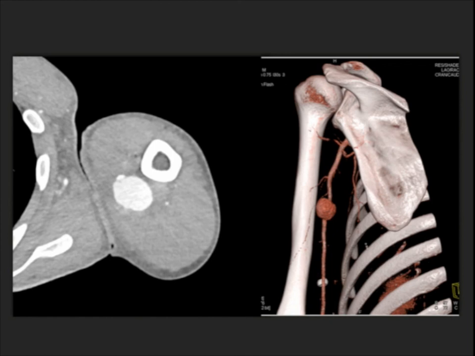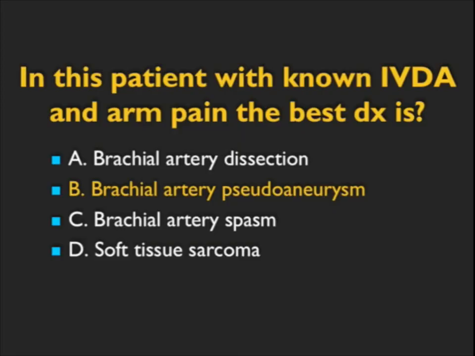Brachial artery pseudoaneurysms can be due to trauma, can be due to vasculitis, can be due to Ehlers-Danlos. In an IV drug abuse patient, you've got to think about them as the patient keeps puncturing the vessels. Getting brachial artery pseudoaneurysms is not an uncommon finding. This, of course, is not spasm. It's not a sarcoma. Just a beautiful example of a pseudoaneurysm.